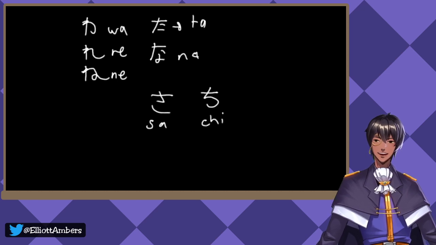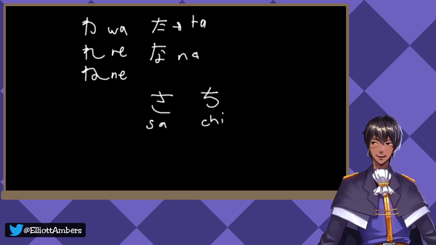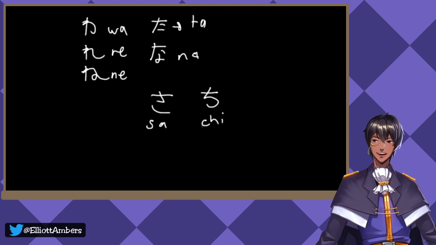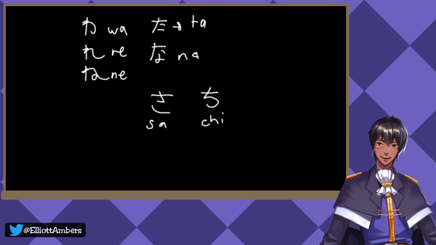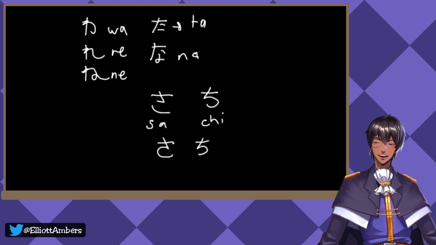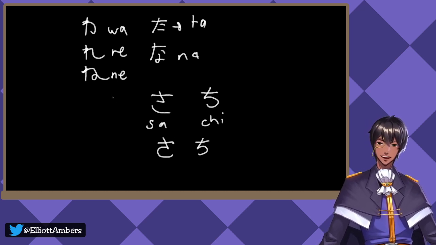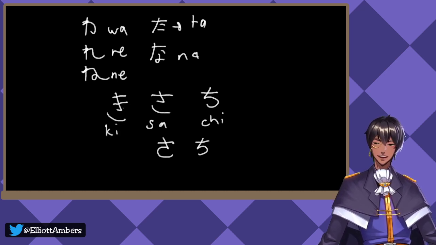It's a little easier for me because on most fonts that get typed out, sa gets written like this. But there are some cases where you'll see sa written like this, and chi is always written like this. So it really is just a mirror of each other. What also helps me for sa is that I know sa and ki are in the same direction, but ki just has one extra line there.